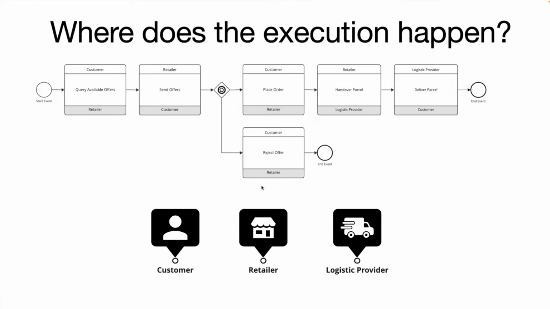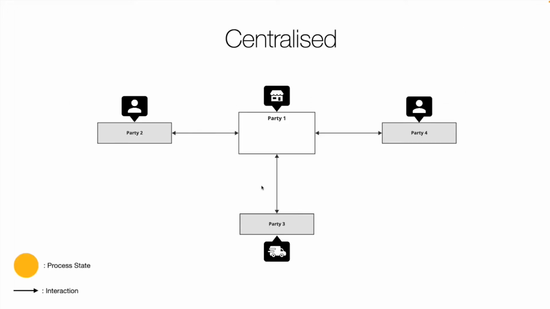So now we've seen how we execute the process, but where does it exactly get executed, right? We have three different parties, but who gets to execute this process exactly? It's not really deterministic. So we have three different options.